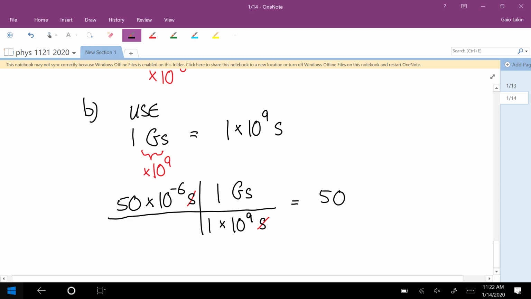So 50 times 10 to the minus 6 divided by 10 to the 9th is 50 times 10 to an exponent of minus 6 minus 9. So that's 50 to the negative 15th gigaseconds. I skipped some stuff. That answer is not correct, but this answer is correct: 50 times 10 to the minus 15 gigaseconds.